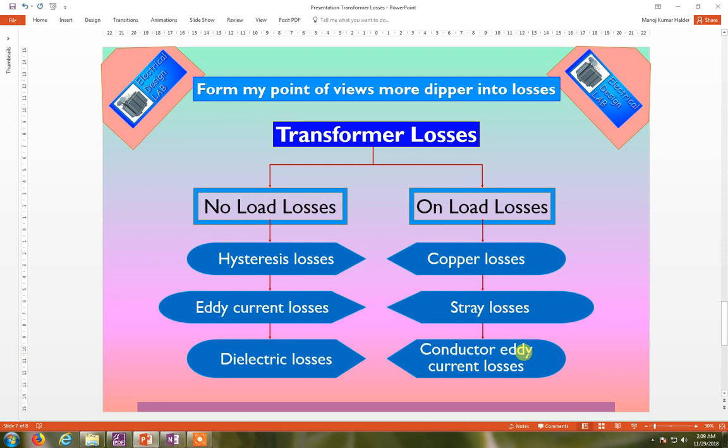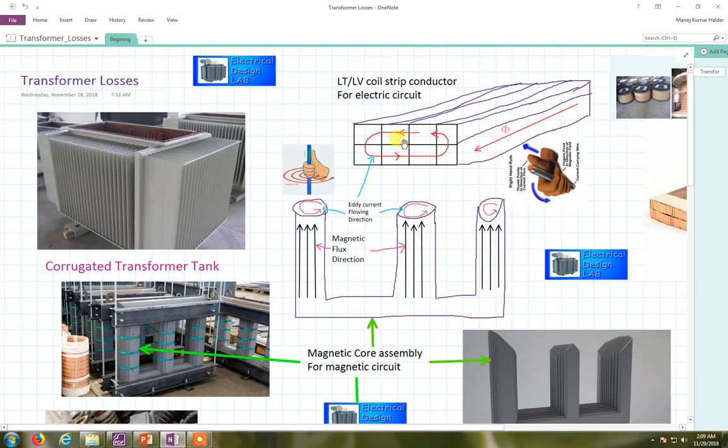And conductor eddy current losses, what are conductor eddy current losses? You look here, I already discussed it. Here, what is the number of conductors, or the number of strips? 1 2 3 4 5 6 7 8. Eight conductors, a group of conductors, eight conductors are present inside. Okay, and when flux is linking the conductor, then eddy current is produced inside the conductor.